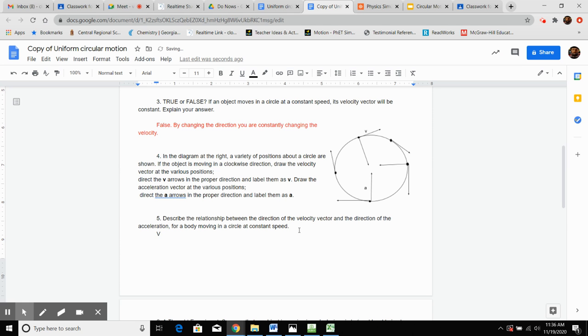Well, the velocity vector is tangent to its path. So it's always a straight line to its path.